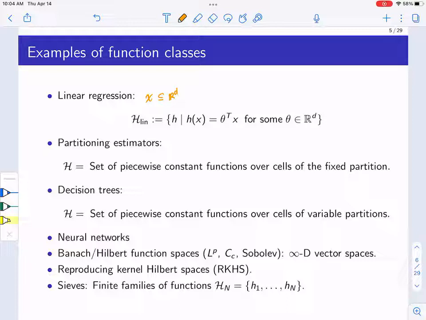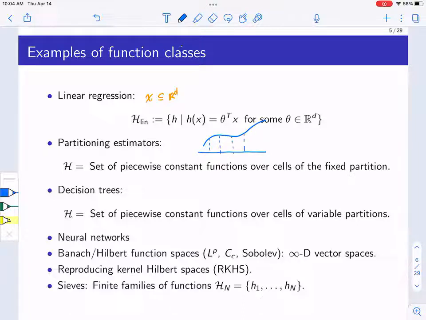Then we have partitioning estimators. So the partitioning estimators that we talked about are an example of this. How they're an example: suppose I have this function I want to try to estimate.